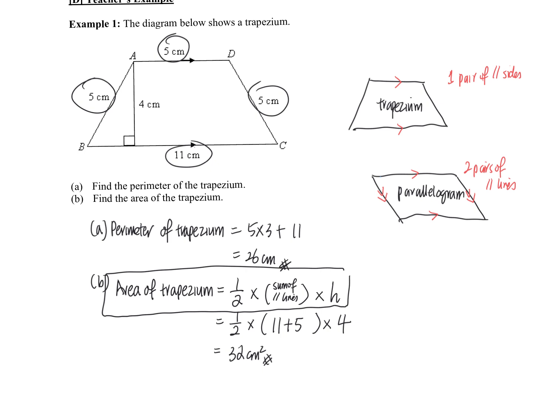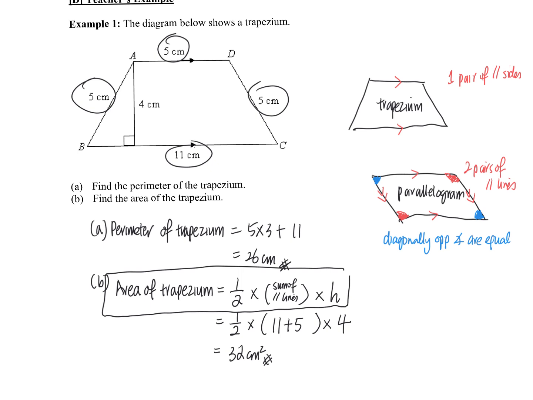Meaning this angle and this angle are the same. These 2 angles are equal. And in fact, the blue and the red one always add up to 180 degrees because of interior angles. So you can say the diagonally opposite angles are equal.